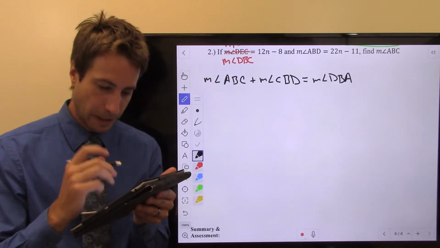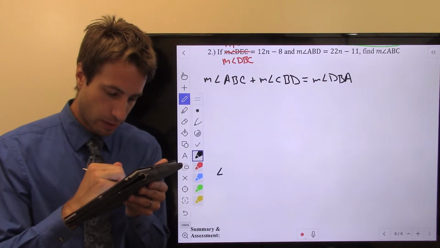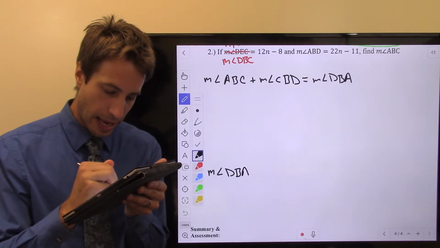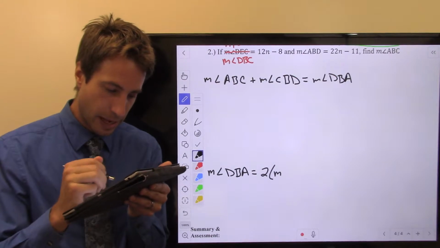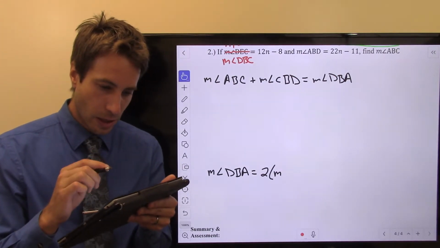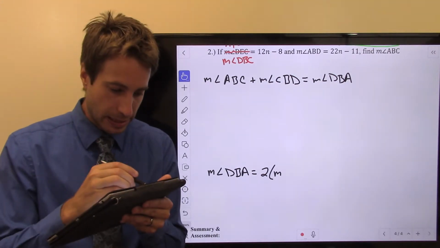I need to do the measure of angle DBA is equal to 2 times the measure of DBC.